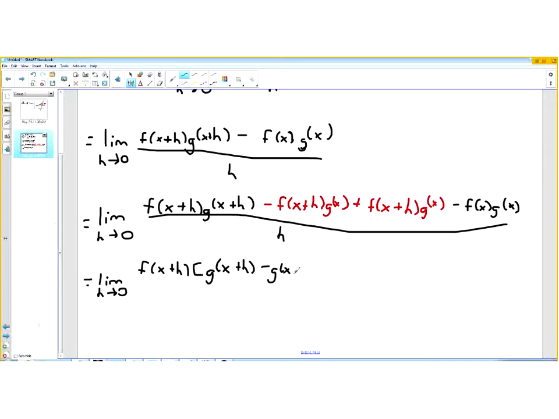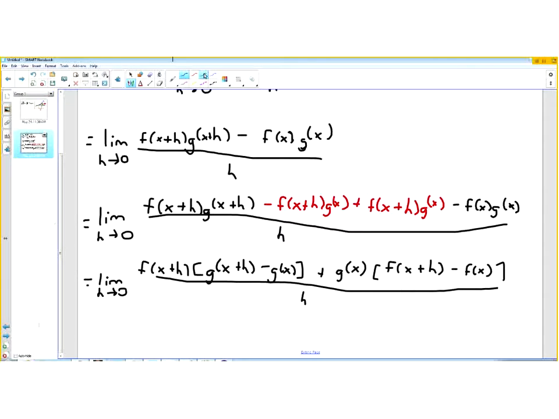And then if I were to factor out g of x from the last two terms in the numerator, I would get g of x times f of x plus h minus f of x, like this. All of this, of course, is divided by h.